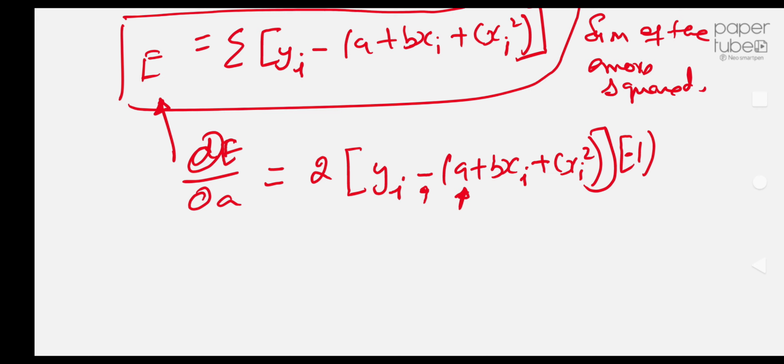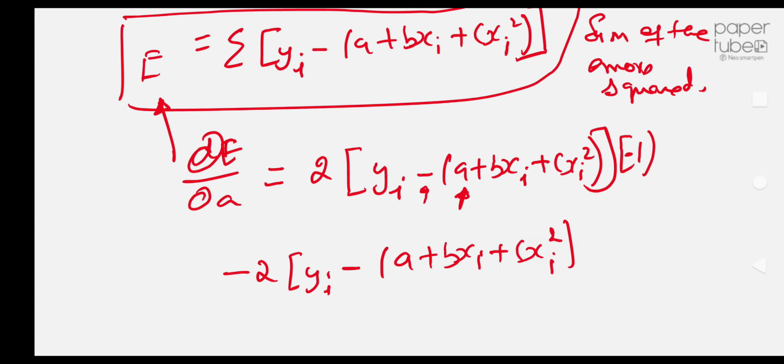Expanding, it is minus 2 times (y of i minus (a plus b x i plus c x i squared)), and this should be equal to 0. So this is the condition: when the partial derivative of E with respect to A is equal to 0, that's one of the conditions for the error to be minimum.